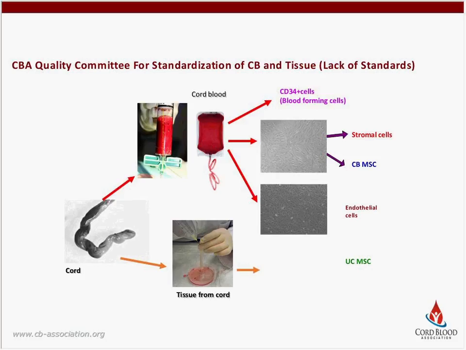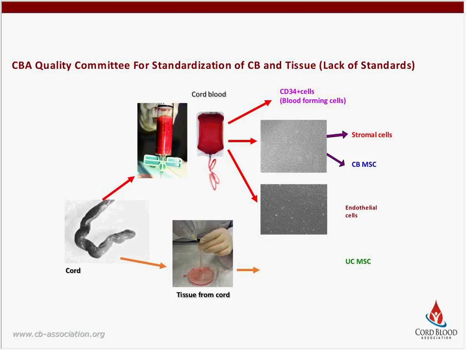We have more immature cells, which are adherent. We have a very strong population of endothelial cells. And in addition to the cell populations from cord blood, we have cells derived from the cord tissue. However, so far, there is really no standardization available in this field.